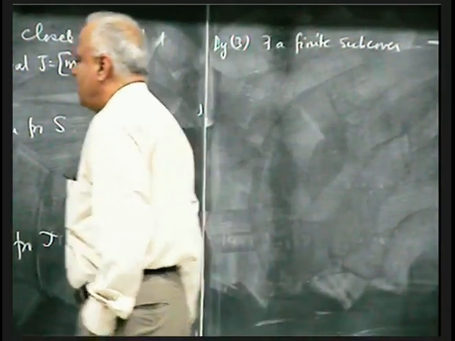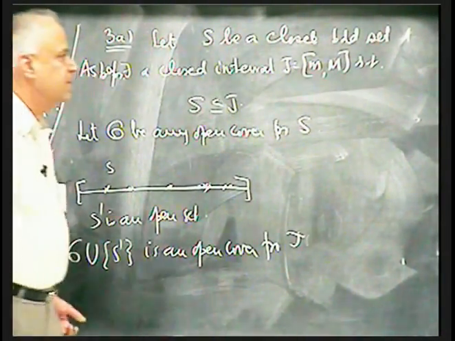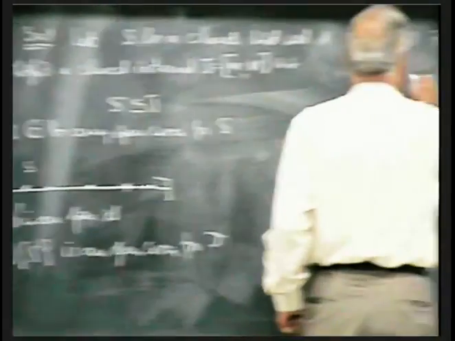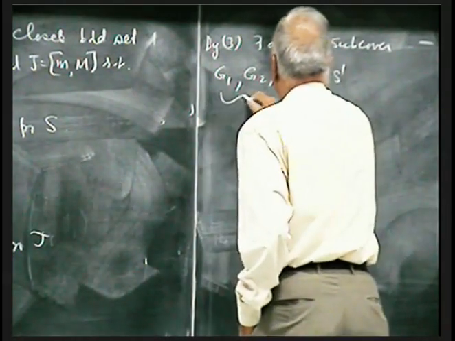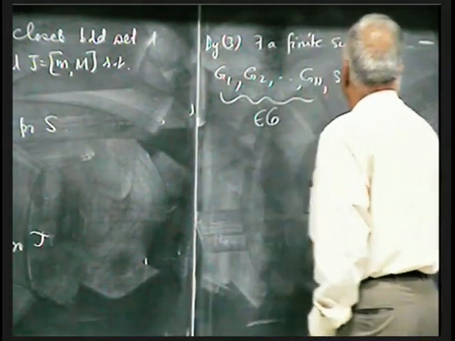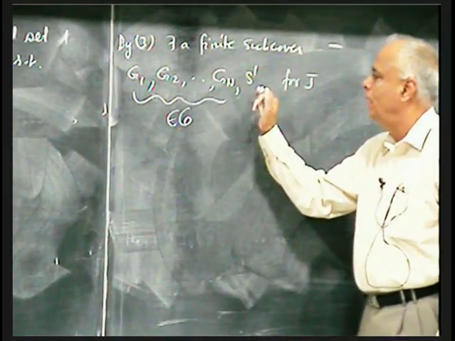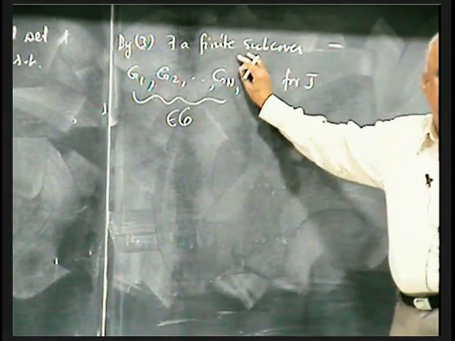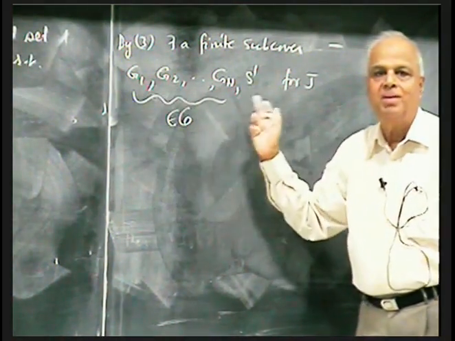Now where will the finite number come from? This will be needed to cover the remaining portion, and some finite number from this: G1, G2, ..., Gn, S prime, these fellows belonging to O or J. Now one of these is not needed to cover S. Therefore, these fellows will cover the remaining portion.